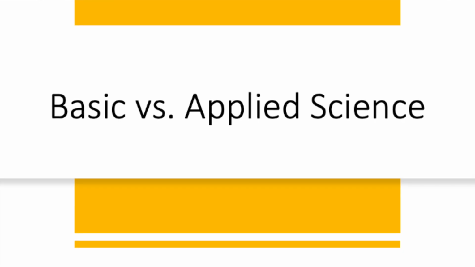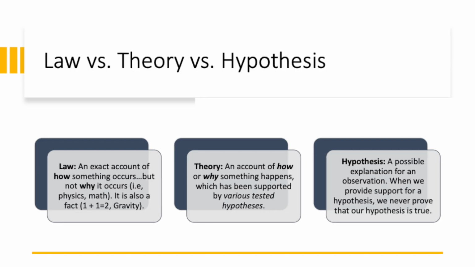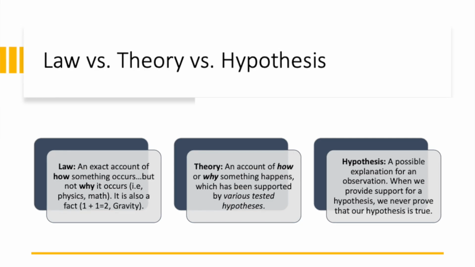Now, in order to dive into the design and the methods, it's important to first review what a law versus a theory or a hypothesis is. So a law we never deal with in psychological science or child development. And the reason why we never deal with a law is because a law is always true no matter what across contexts. And given that we study really complex systems like children's development, we can never know for sure whether our findings are true in all cases across all individuals, across all contexts.